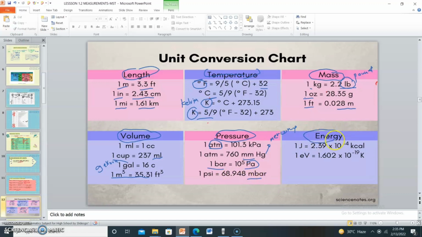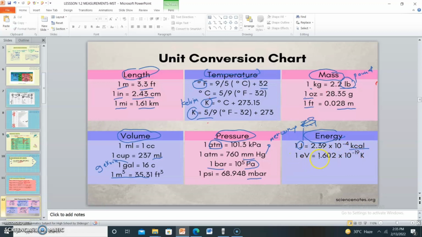mbar. In energy, 1 joule is equivalent to 2.39 times 10 raised to negative 4 kilocalorie.